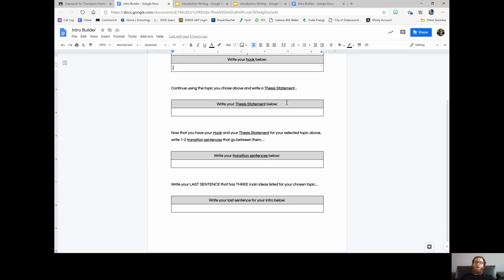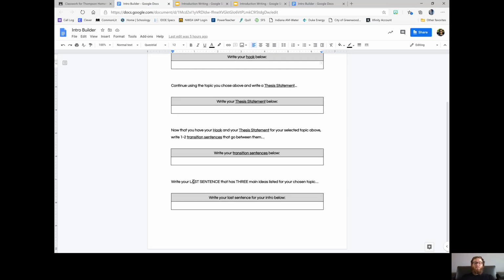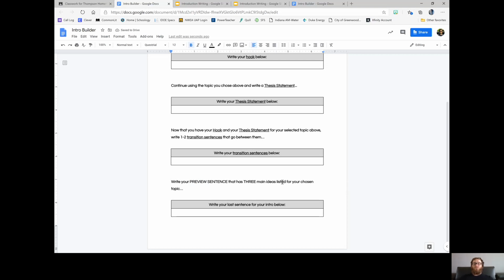And then using that same topic, write a thesis statement. And then now that you have your hook and your thesis statement, connect them, okay? And then write this last or preview sentence that has your 3 main ideas listed for your chosen topic. Write your preview sentence for your intro in that box.